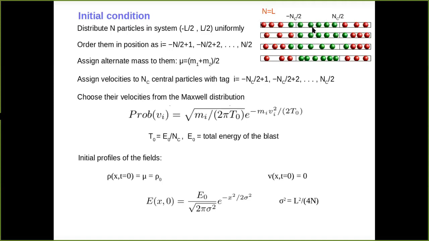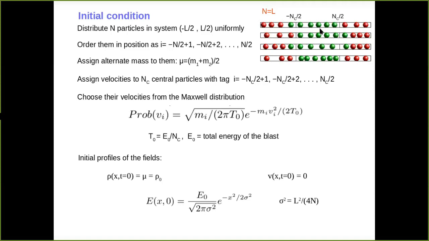We consider N equal to L, so the central region will also be from minus Nc by 2 to Nc by 2, and the number of central particles is also Nc. But it is not necessary that the central particles will always be in the central box. You can see these, or these, or all the particles in the central box. So various configurations are possible.